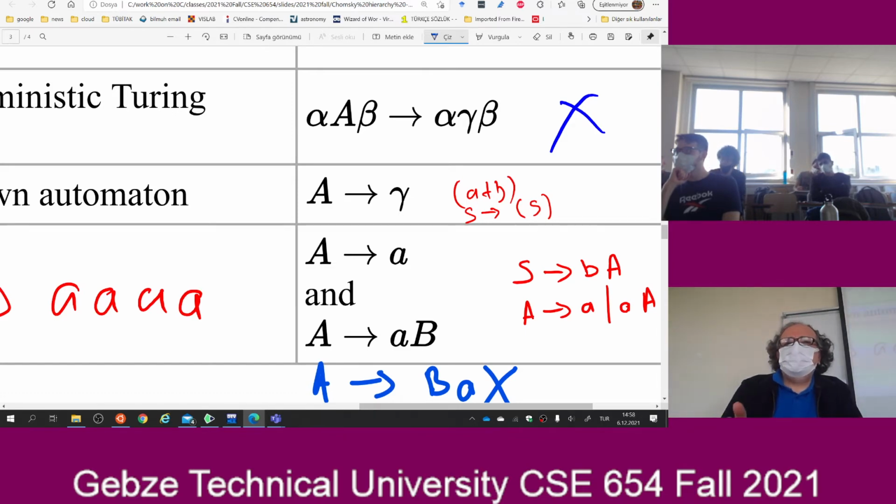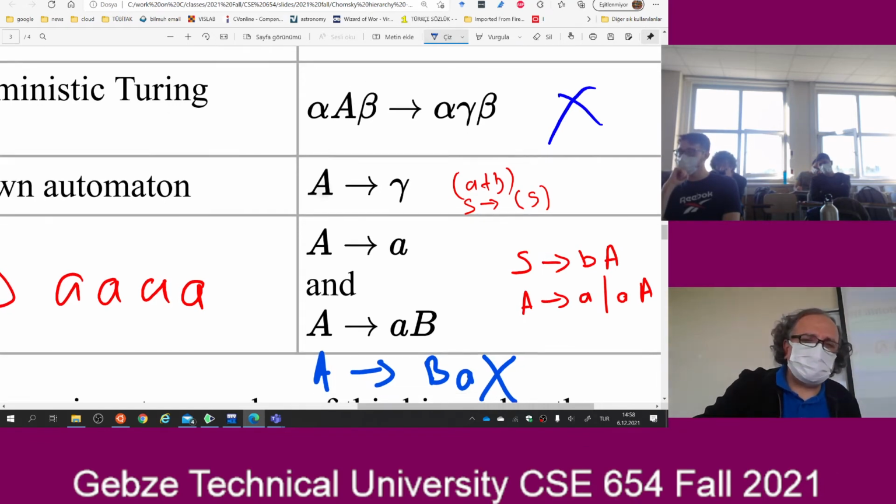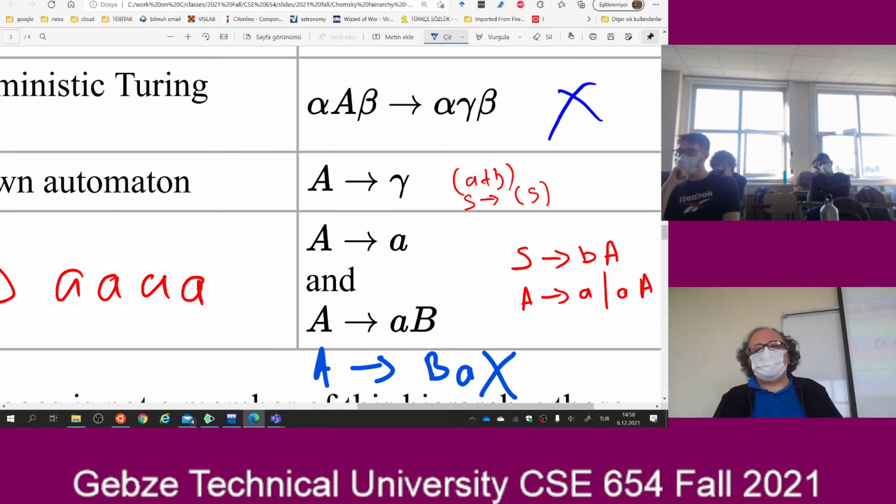It says that I am going to apply this rule if I see it within this context. If I see alpha and beta before and after this A, I can apply this rule. So it talks about the context. This one doesn't want to know what's happening around A. This one knows it. So that's why it is context sensitive.